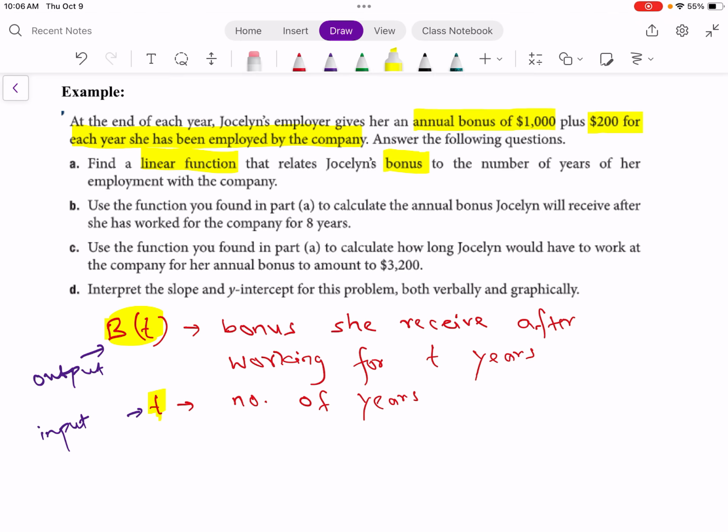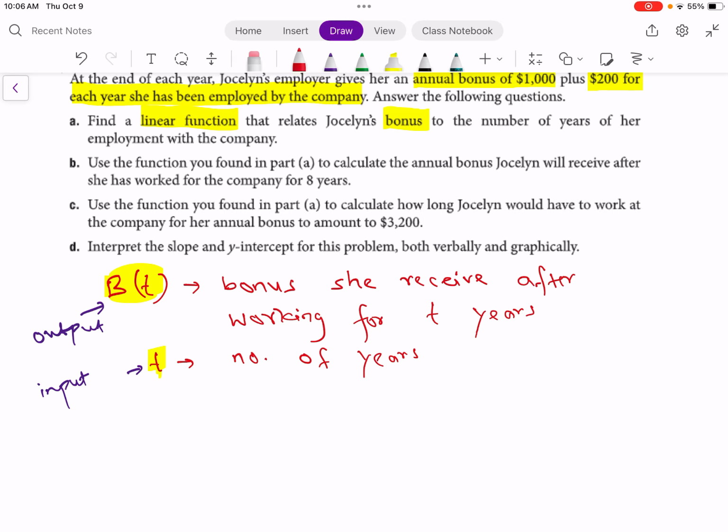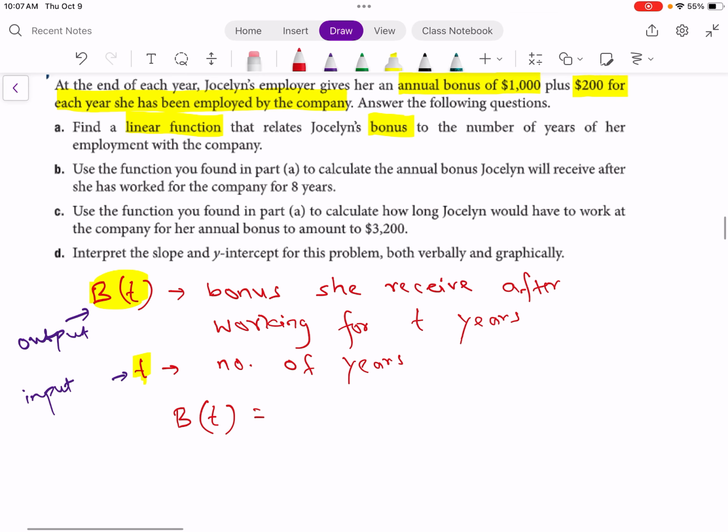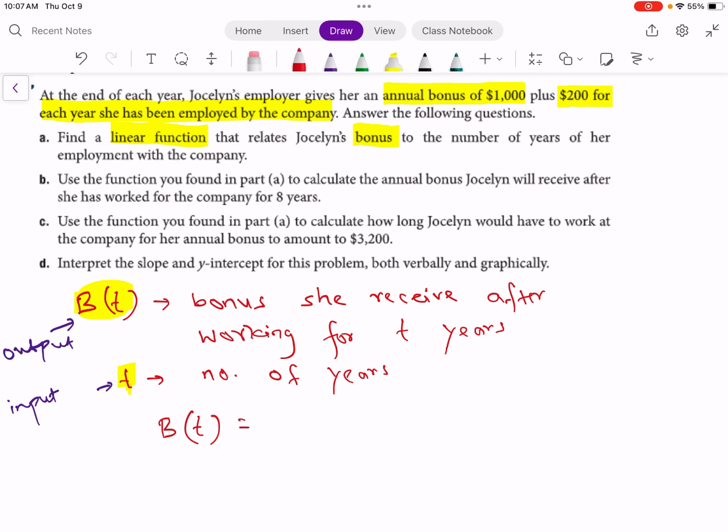To write a linear function, we write down our output: B of t equals what? Her bonus is $1,000 plus 200 for each year. If she worked for t years, what will be the bonus?